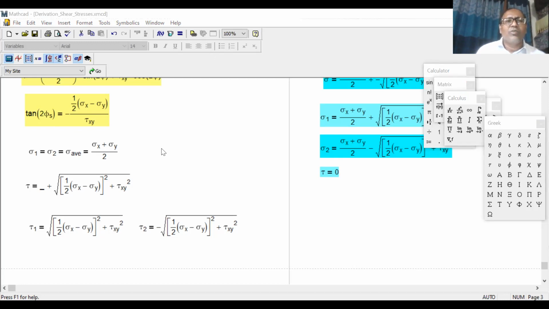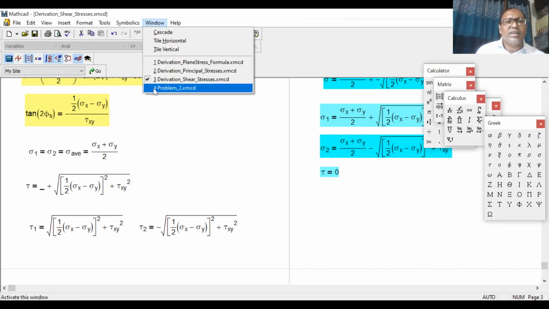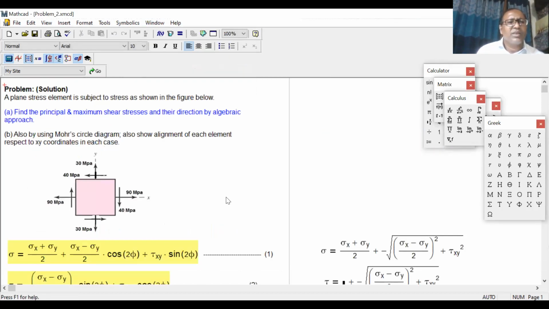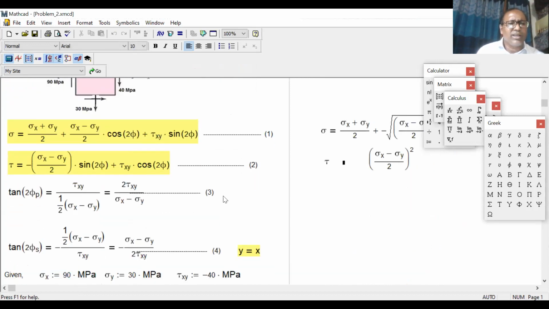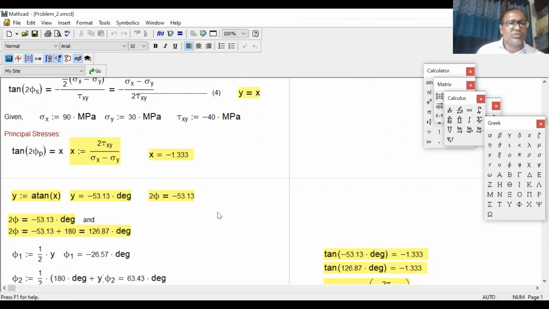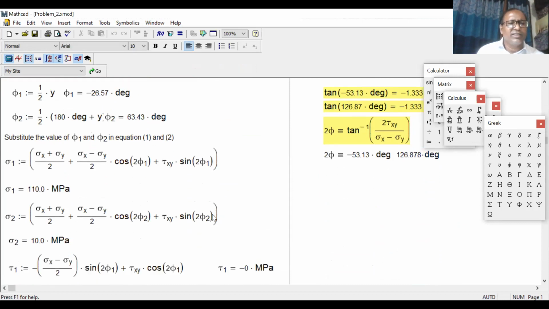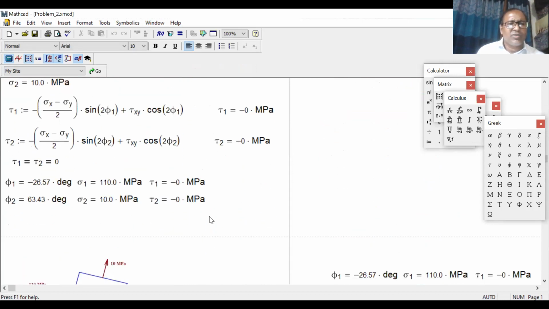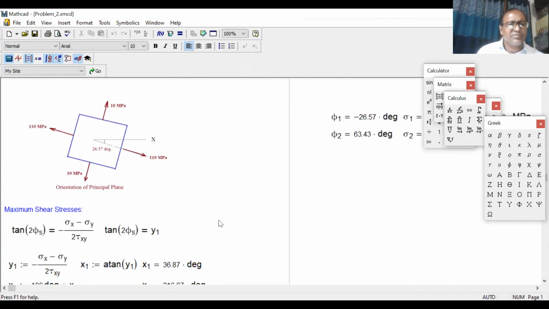Okay. Hopefully, if we solve a problem, then it will be easier for you to see how we can apply those formulas. So I solved a formula over here.